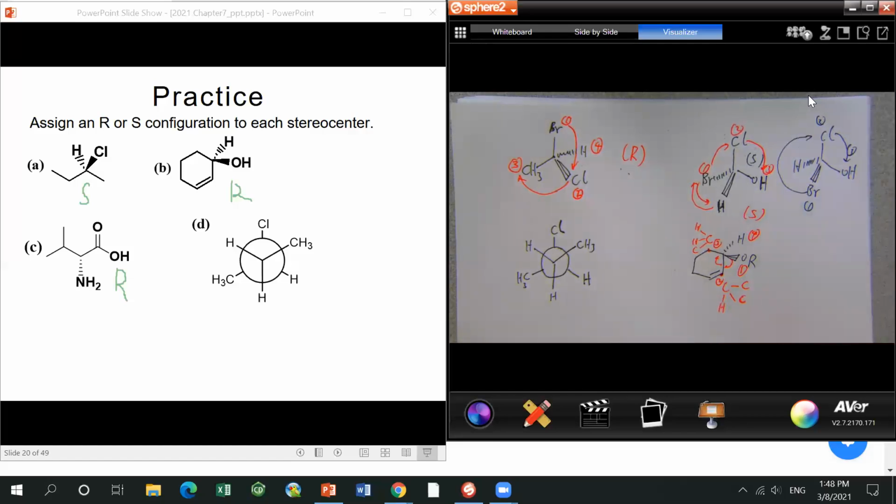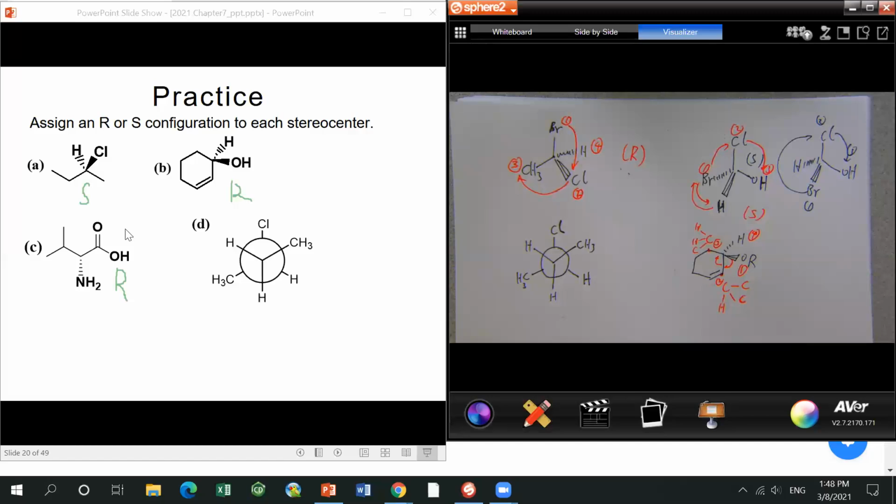And then for C, the tricky thing is that the hydrogen actually points towards you. The hydrogen is ignored when ranking, and keep in mind that ranking is still based on atomic number, not on the functional group.